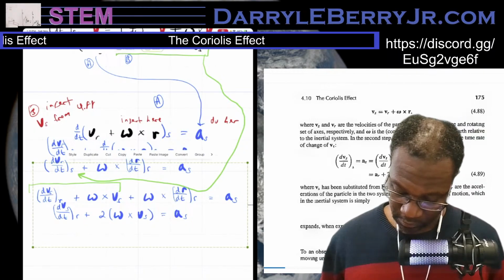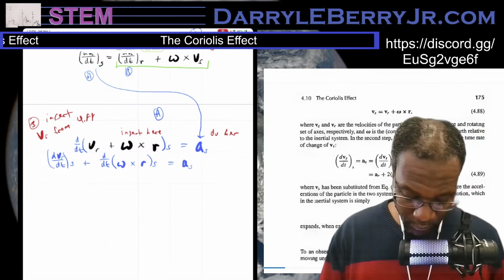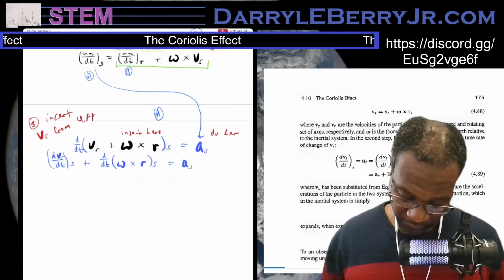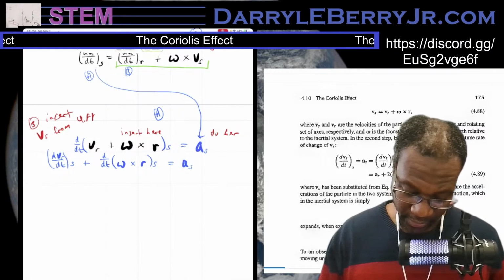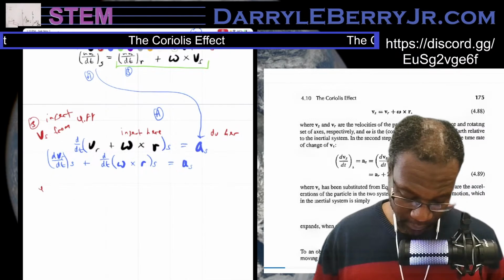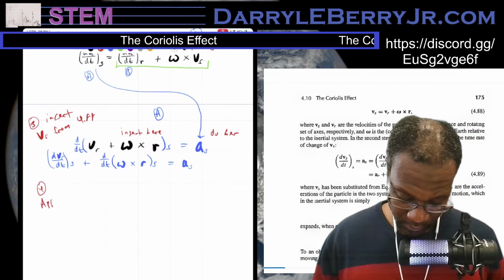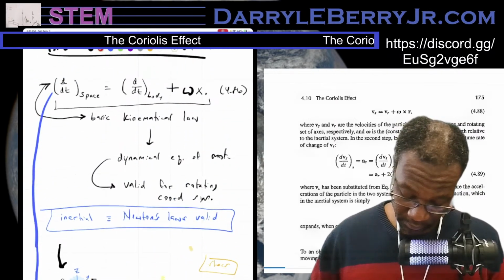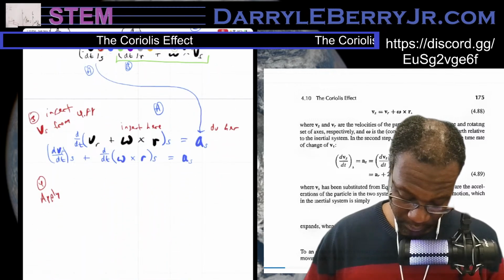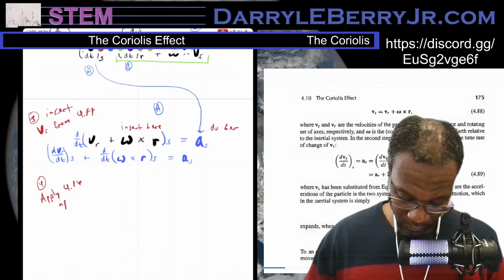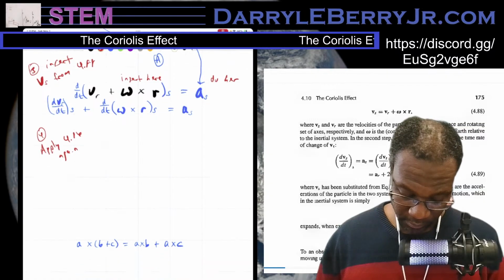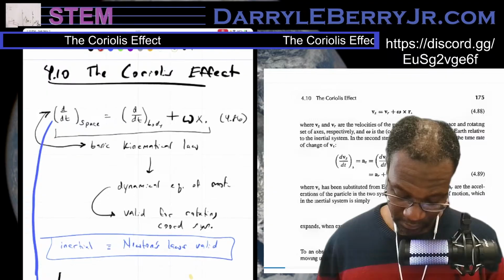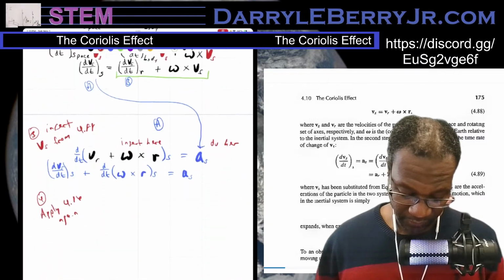So try that. Input VS from 4.88. Apply 4.86 again, because we have VR, V space. It becomes VR, VR.